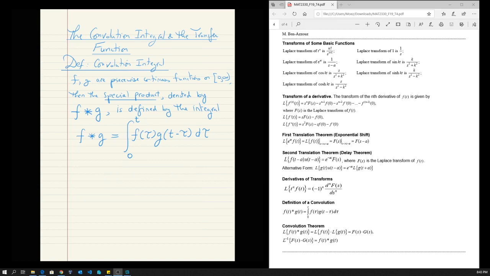So that's what the convolution is. For starters, please do not think that this is multiplication. This is not a Laplace transform, right? Even though it starts with 0, it's not a Laplace transform, because remember, the Laplace transform is the integral of f of t times e to the negative st dt, going from 0 to infinity.